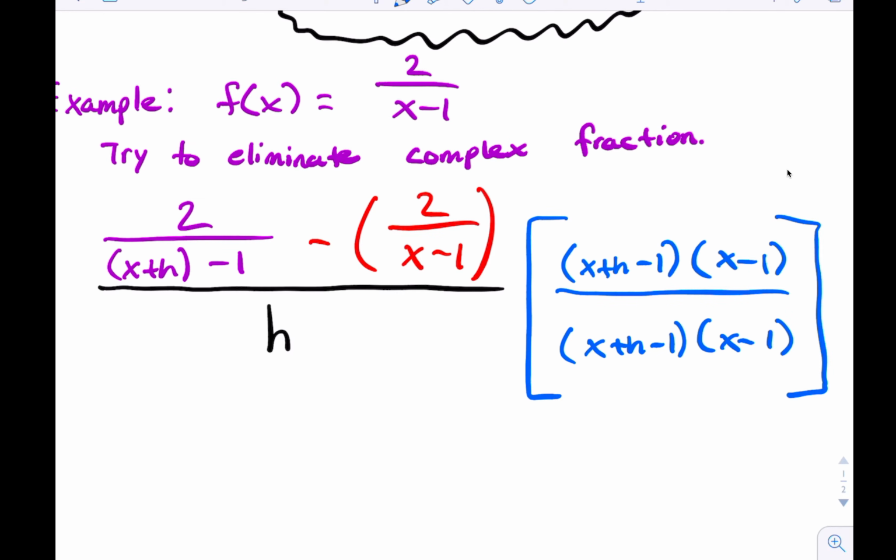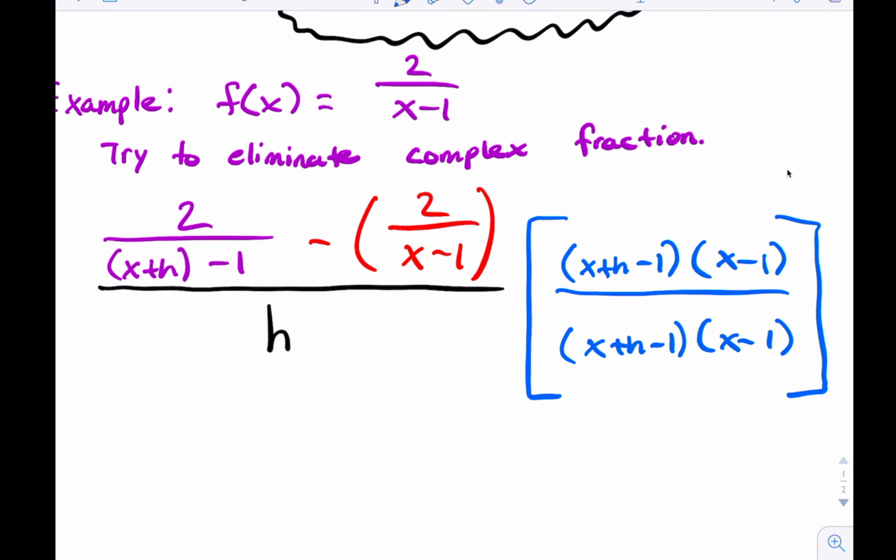The important thing to remember is that you don't want to multiply the denominator out. You only want to multiply the terms out in the numerator. The reason is that you're trying to get that h term to somehow go away, and I'll show you that once we get closer to it.